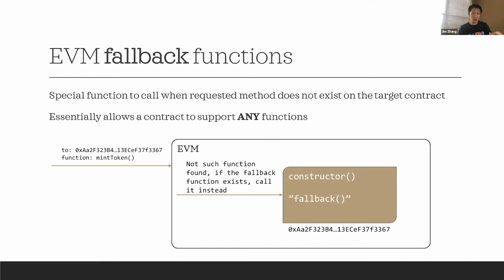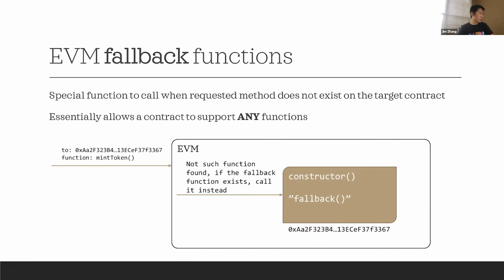A smart contract can choose to implement it or not. But if it does, then the EVM will say, okay, if you don't have the specific function the transaction is asking for, but you do have a fallback function, I'm going to just call the fallback function. So it's called fallback because if everything else fails, call me. This is what the EVM will do.